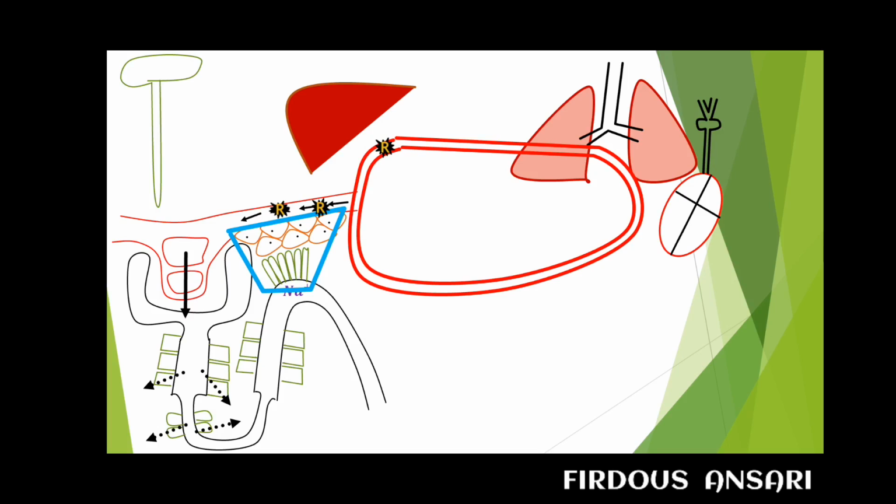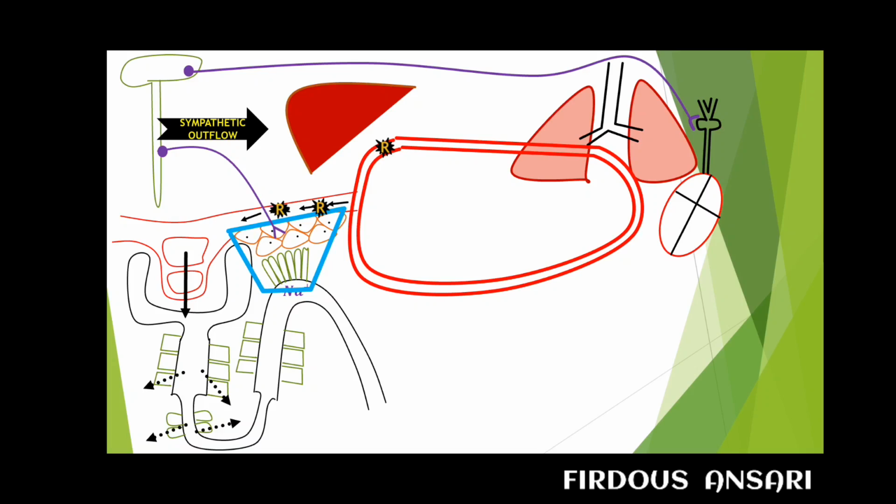Similarly, the carotid sinus will also get a reduced blood supply, and it responds by informing the central nervous system, which responds by increasing the sympathetic outflow. When the sympathetic nervous system gets activated, all the adrenergic receptors and adrenergic neurons get activated, and one of the adrenergic neurons approaches the juxtaglomerular cells, where beta 1 receptors are present.